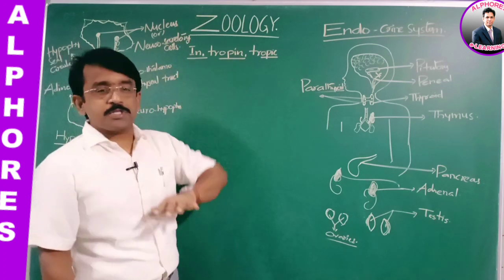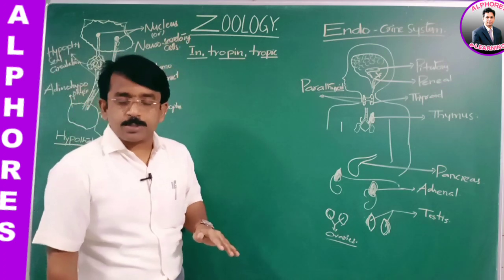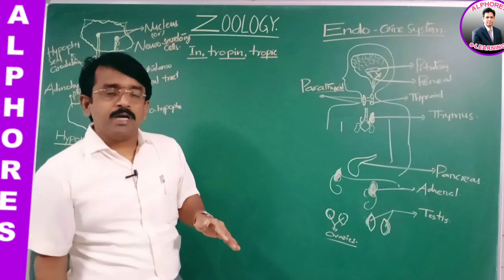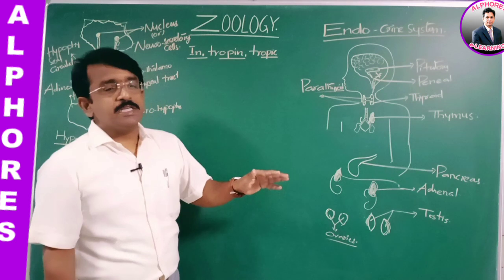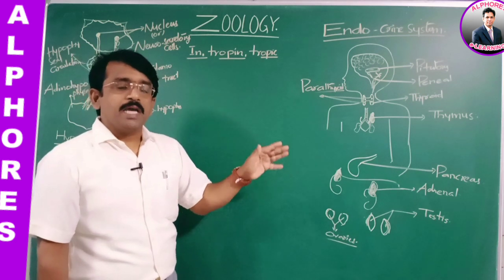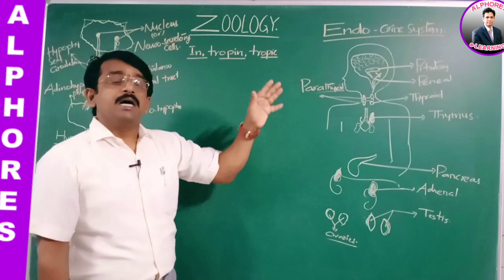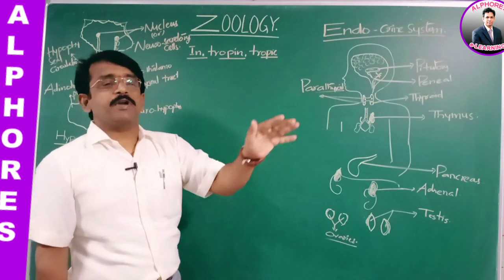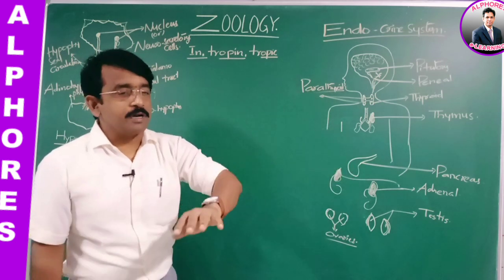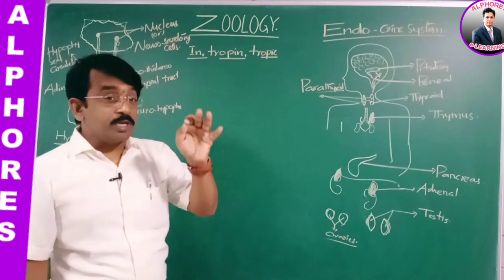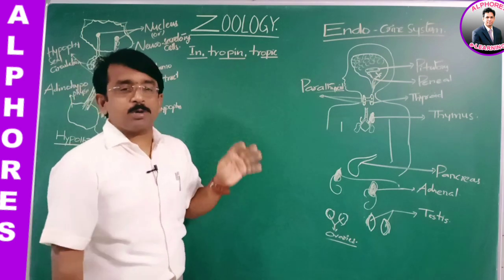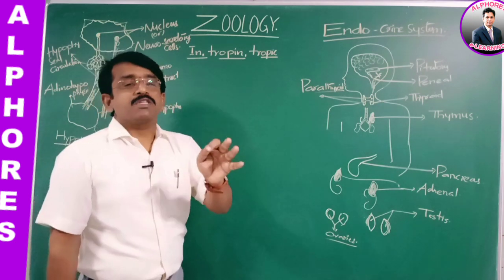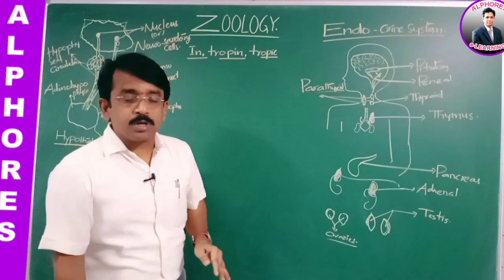Let's come to the discussion of the endocrine system. Generally the endocrine system, if we observe, is also seen in the invertebrates, ranging from porifera to hemichordata. In arthropods we do come across the endocrine system, but only a few hormones are released.